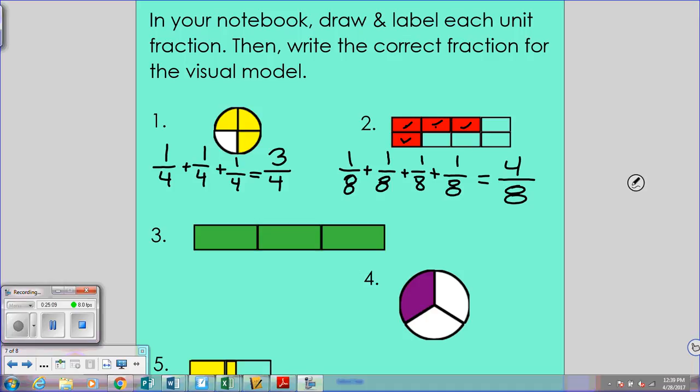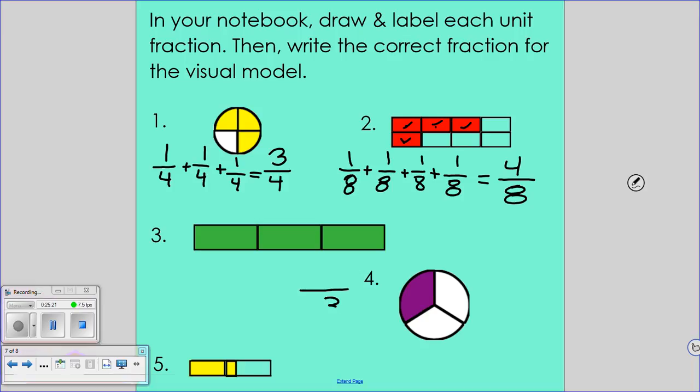What's going to be my denominator? How many pieces do I need to make a whole? Lang, how many pieces do I need to make a whole? 3. And how many pieces am I currently using? 3.